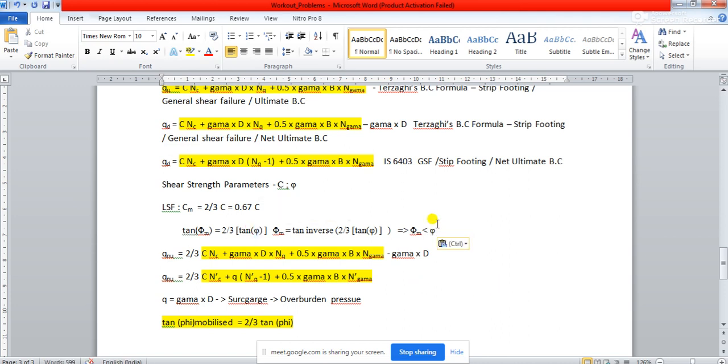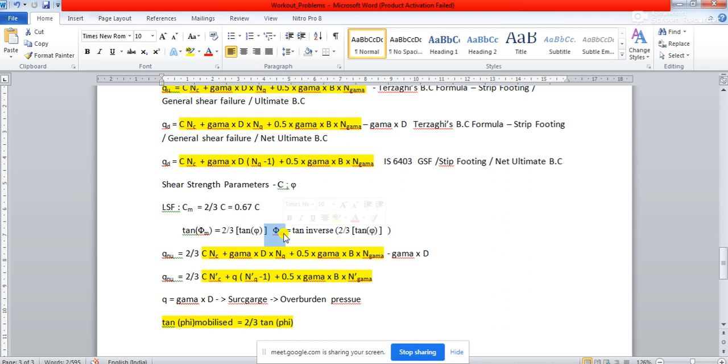Okay, so let's say you started with a phi value of, let's say, 36 degrees, and maybe your calculated value of phi m after doing tan inverse and all, I am not going to the exact calculation, may become something like 29 degrees or 32 degrees. So when you consider this local shear failure, you are ideally reducing the angle of internal friction.